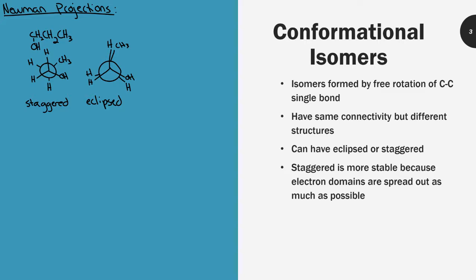So the most important thing you'll need to know is just that staggered is more stable than eclipsed. And you can go from eclipsed to staggered by rotating 60 degrees.